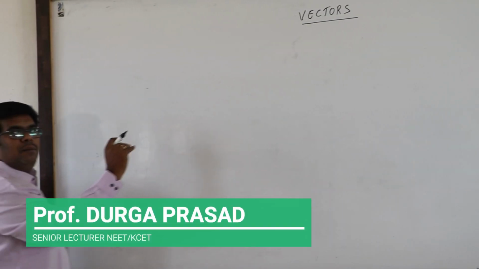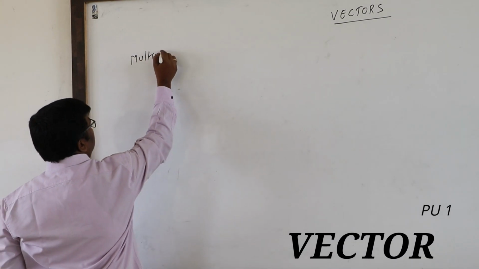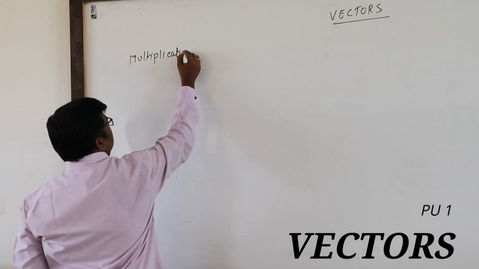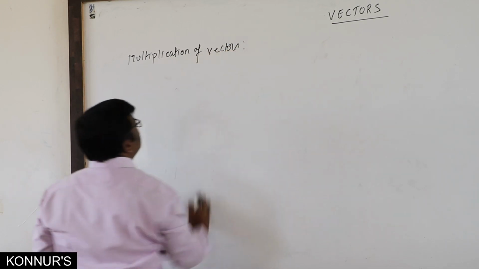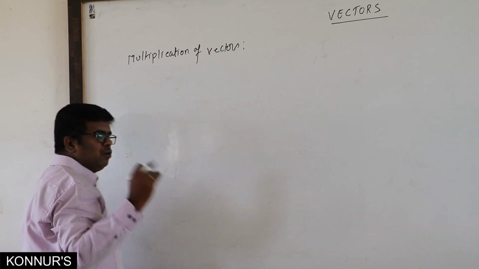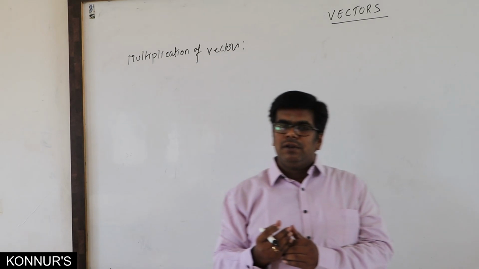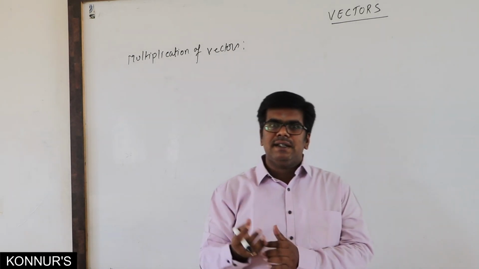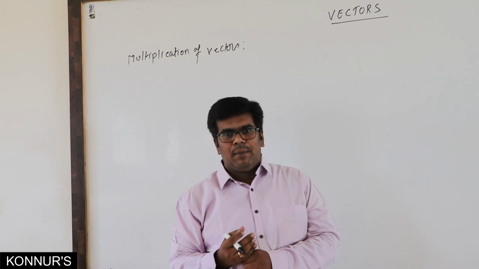So next we go to the multiplication of vectors. If you have two vectors and you multiply them, if the result is a scalar, we call it a scalar product.